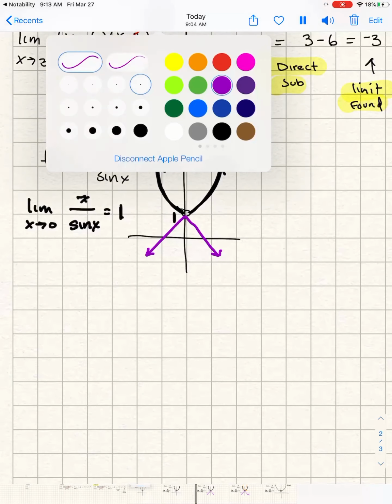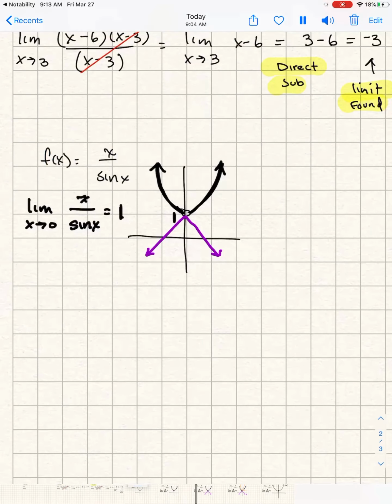All right, and then let's make an orange one, so we want it bigger. So let's say it goes like that, and then like this, right? So you have something like that, where you could see both these two functions approach that same height of 1. So this would be okay, because let's say this is g and the purple one was h. Since they both approach the same number, then they're okay.